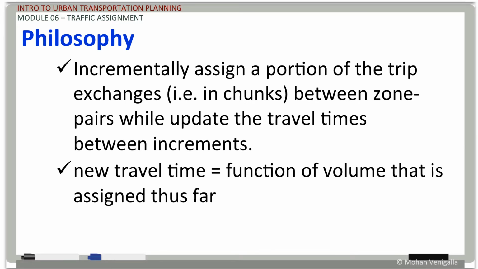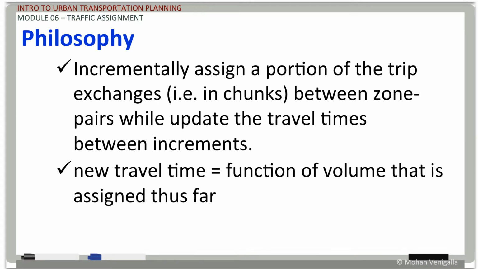One of the reasons why we iterate is that the volume assigned is dependent on travel time, and travel time is dependent on volume to capacity ratio. They are dependent on each other, which is the reason why you do it in an iterative way to recurse.